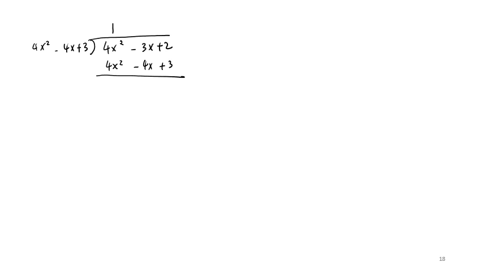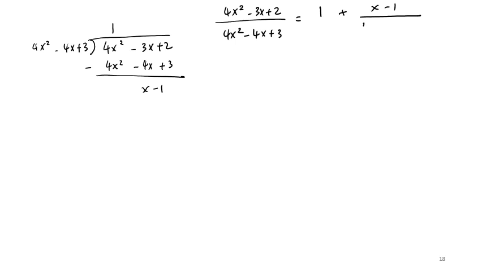Okay, do the long division. 4x squared minus 3x plus 2 divided by the denominator 4x squared minus 4x plus 3. So you have 1 here. Minus everything, you have x minus 1. So you can write the original function as 1 plus (x minus 1) over (4x squared minus 4x plus 3).